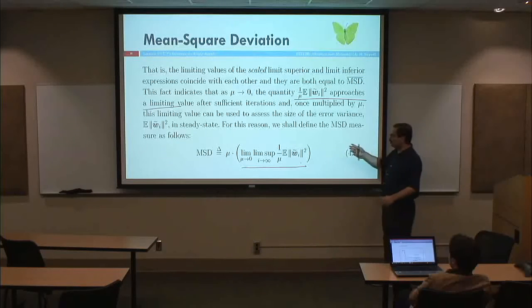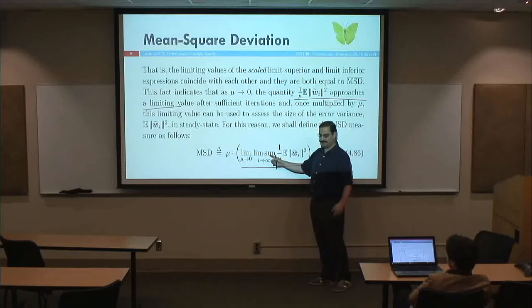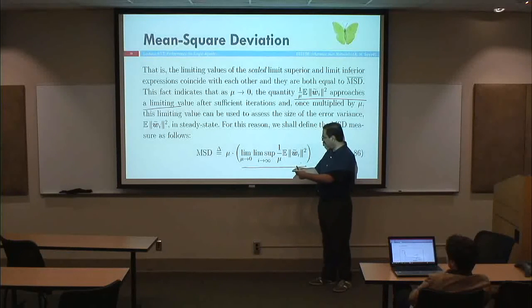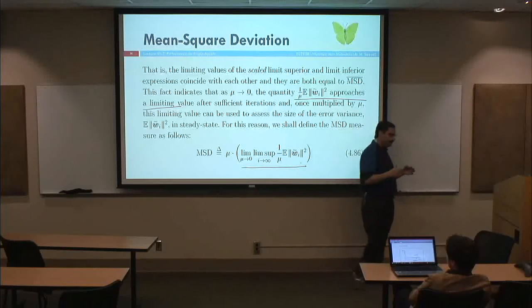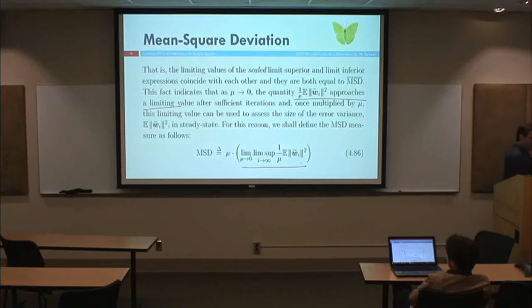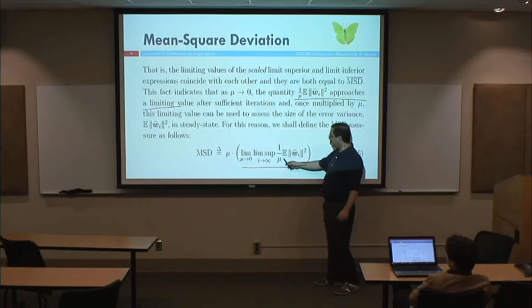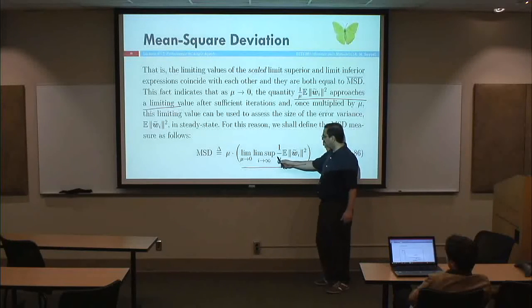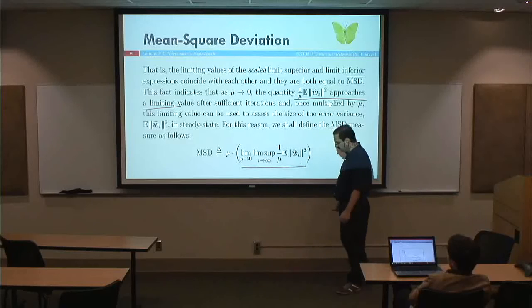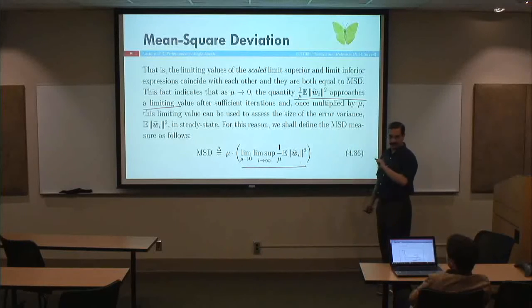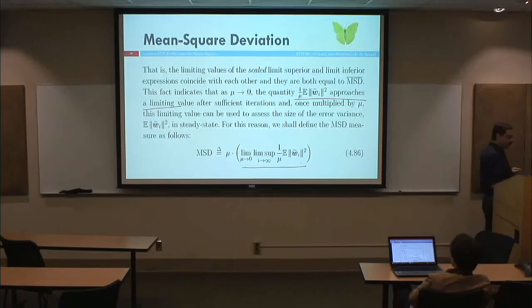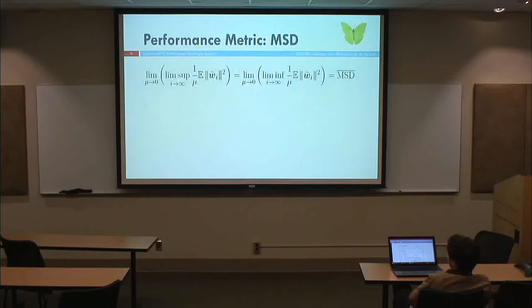Now, you could also use, if you want, the lim inf instead, because they are going to the same value. Okay? So formally, this is the definition of the mean square deviation. Okay? You scale the variance by mu, and then compute these successive limits, and scale by mu again. Okay? Now, very often, we relax this expression, and we write the following instead.